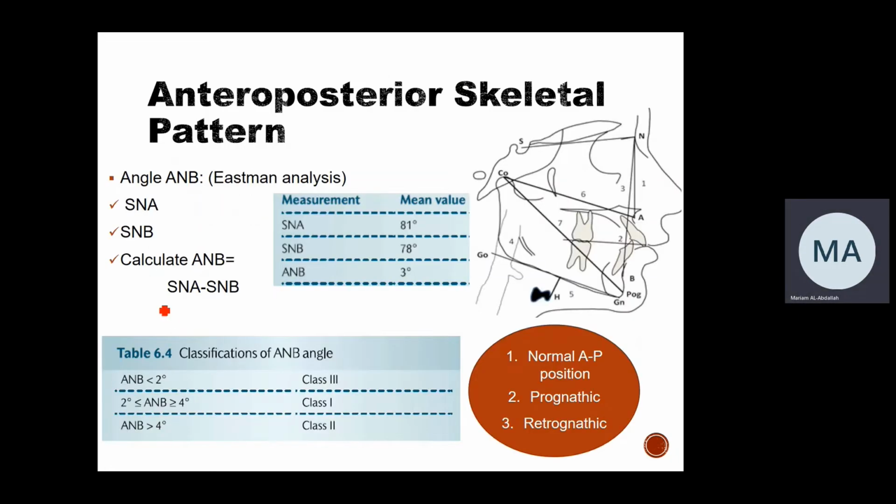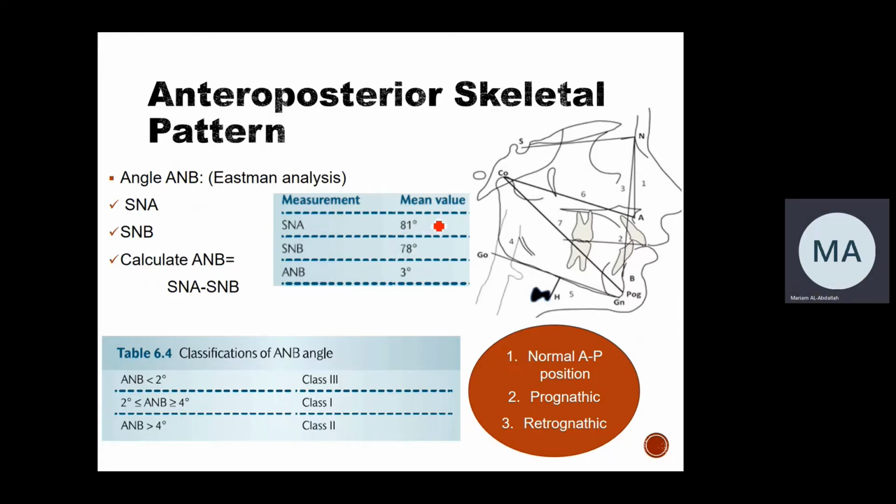A and B angle. The A and B angle, we don't actually measure it, but we calculate it. What does that mean? We need to measure the SNA, which is the angle between the cranial base and the A point. This angle should represent the anterior-posterior position of the maxilla in relation to the cranial base. So we measure this angle exactly here, and we compare the resulting value to the mean, 81.